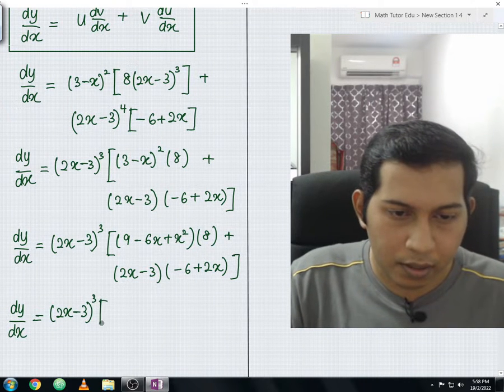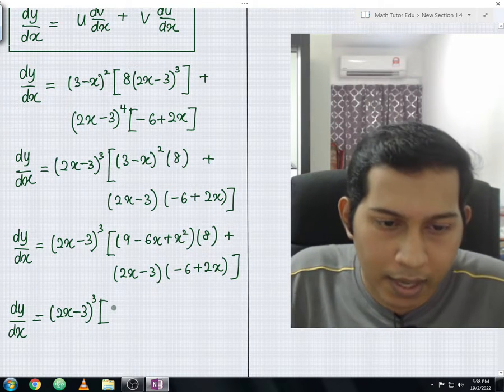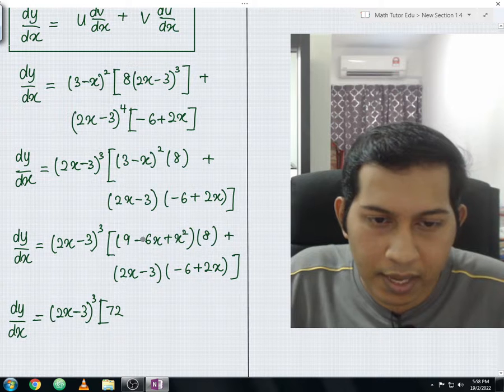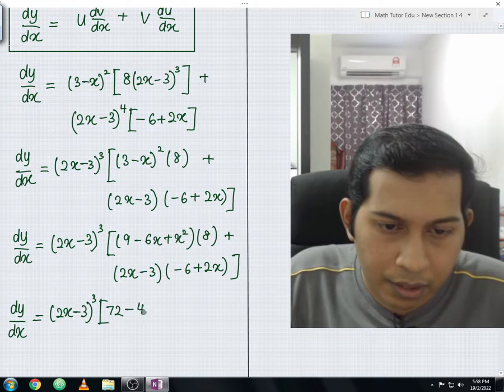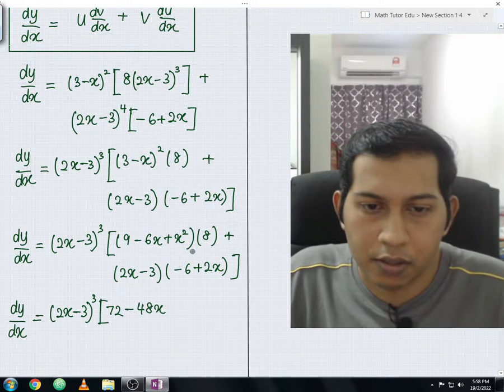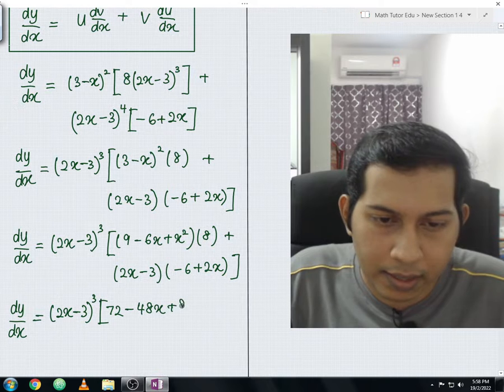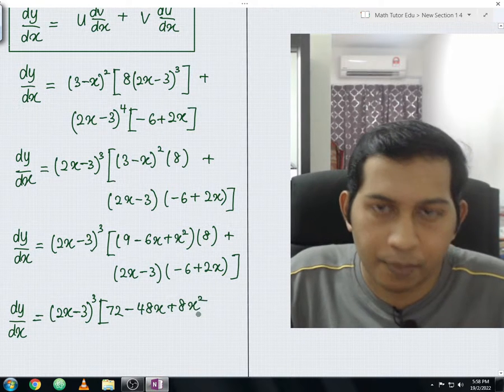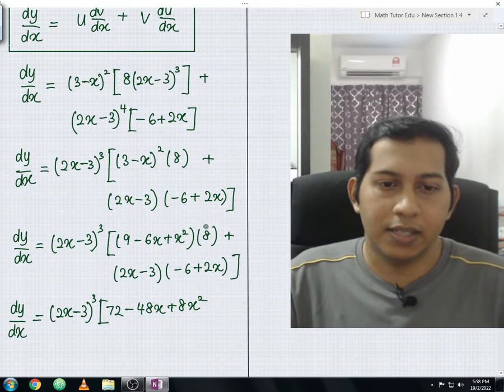So let us perform the expansion. 9 times with 8, so from here you get 72. Negative 6x times with 8, so from here you get negative 48x. x square times with 8, so from here you get 8x square. Pretty straightforward, right? This expansion, because you only have a number here, so it is very easy.